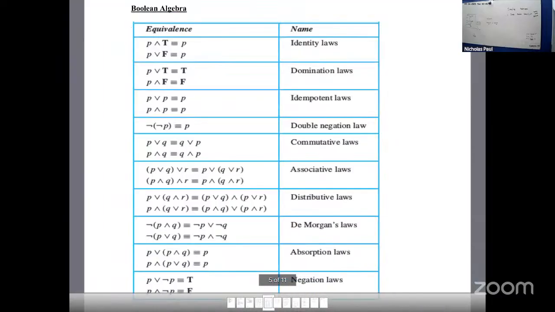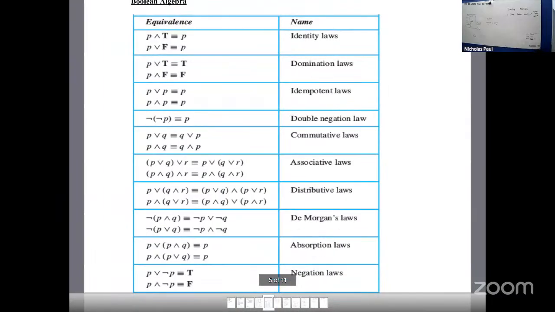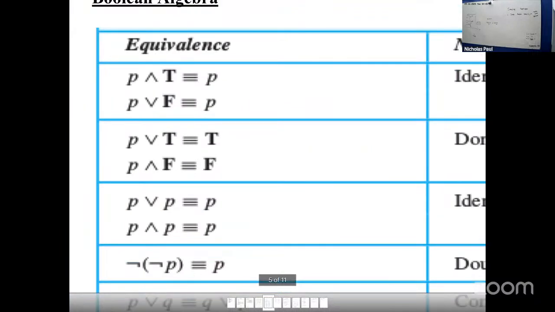So you have to go back over and learn these laws. You need the laws, right? So whenever you see P, for example here, whenever you see P and true, you know that's always P. P or false, you know that's always P. P controls it, right? You don't really have to know the name so much, but some people like to use the name. But if you use the rules properly, the names don't really matter, right? Some people like to write the name as well. But rather than memorizing the name, just learn to use the rules properly, right?